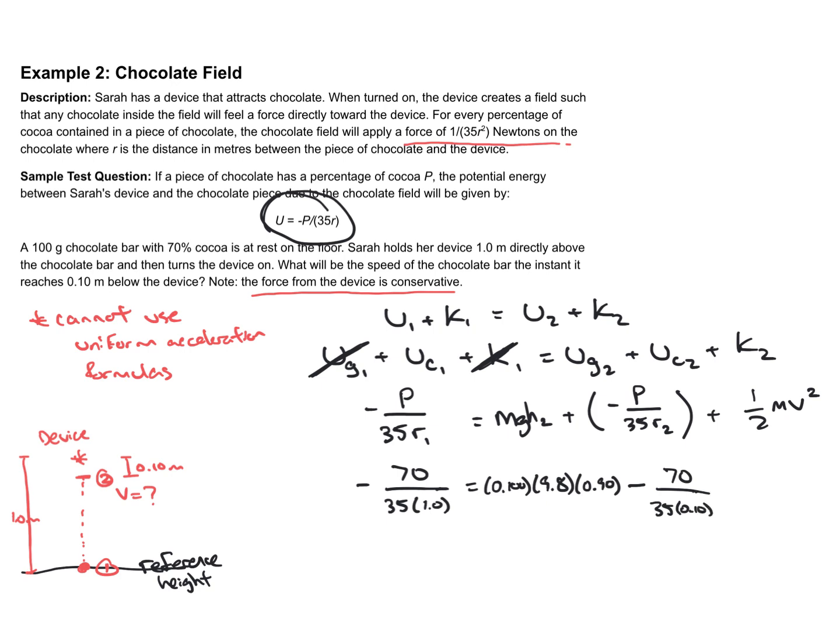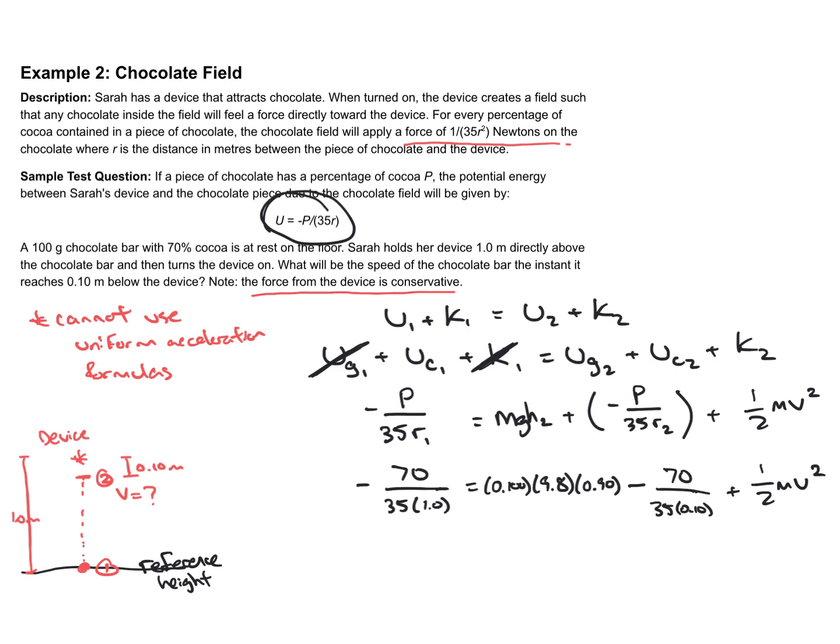So r is the distance between the device and the chocolate, and we are looking at when it's only 10 centimeters away from the device at this point. And kinetic energy, I'm leaving it as half mv squared. I'm going to rearrange that for v later.